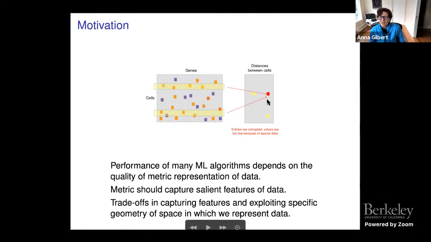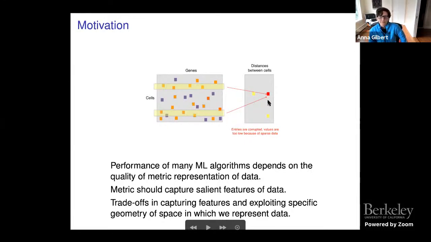And who knows how correct or incorrect these distances in cell space really were, because all of these values are potentially corrupted, and they're also possibly too low because many of these entries are 0 or small.